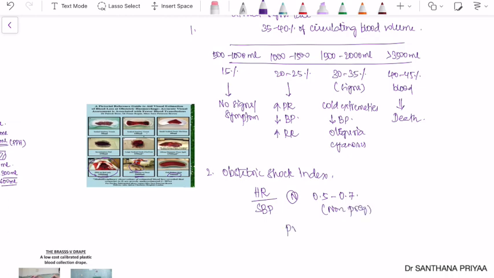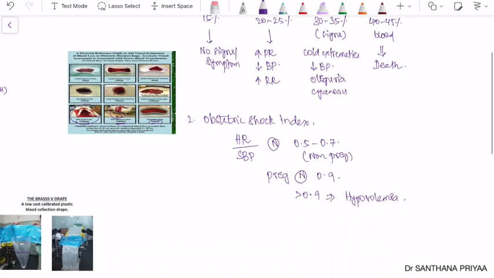For a pregnant woman, the normal shock index is 0.9. If the shock index goes above 0.9, we call it hypovolemia. If the shock index is more than 1.2, then we call it 30% blood loss.